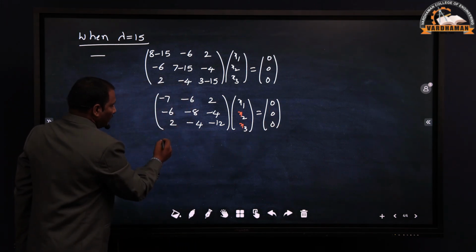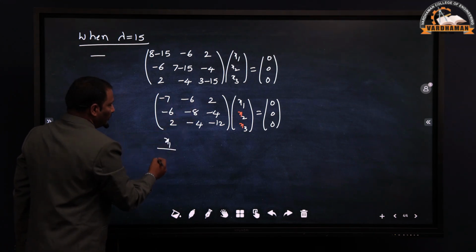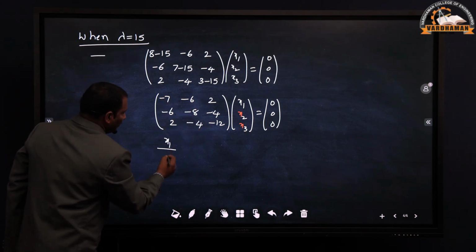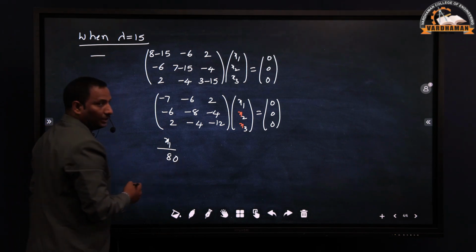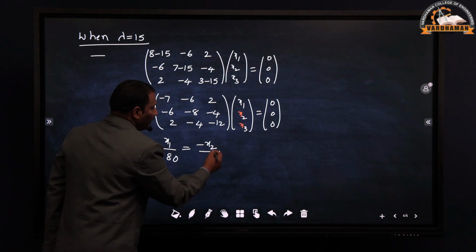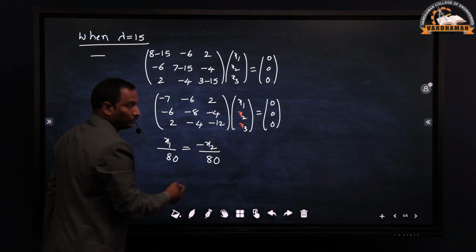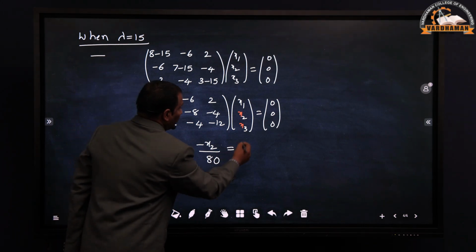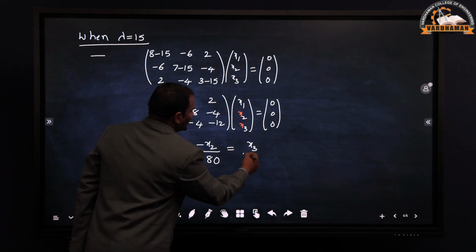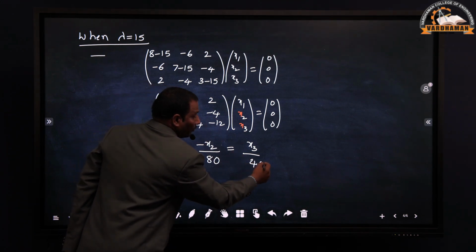Now compute by the cross method: x1 by, neglect the first column and first row, we get 80, equals minus x2 by 80, equals x3 by, neglect the third column, on computing we get 40.